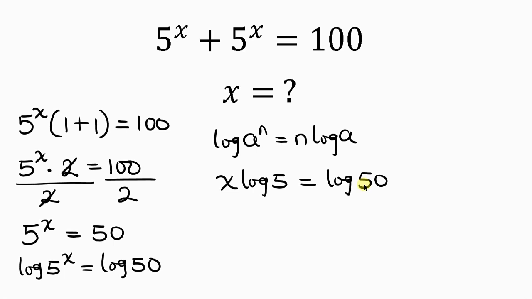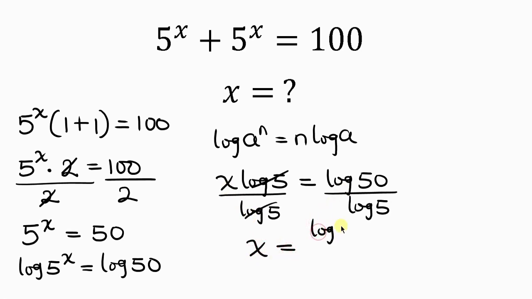Now, our next step will be for us to divide both sides by log 5. So I'll divide the left-hand side by log 5. I'll also divide the right-hand side by log 5. Now notice that log 5 can cancel out log 5 from the left, leaving behind x to be equal to log 50 divided by log 5.